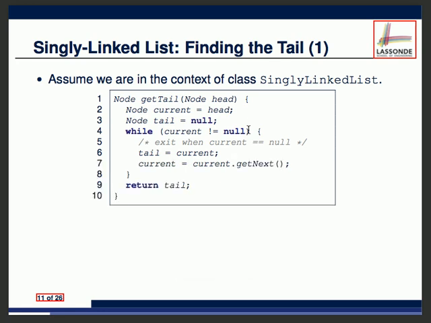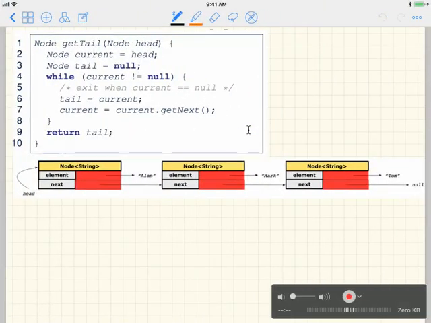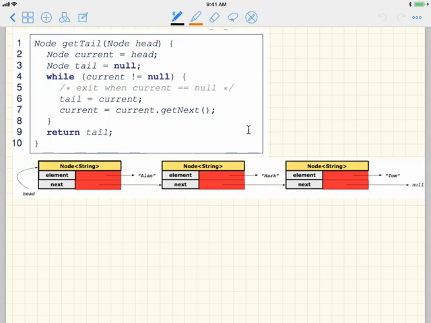I'm going to switch to the iPad and see how we can do it. So, getTail. Let me use green for current, and also let me use red for tail. You can see eventually we want to return the tail. Initially tail is equal to null, and then every time we simply say tail is assigned to current, and then we return tail.